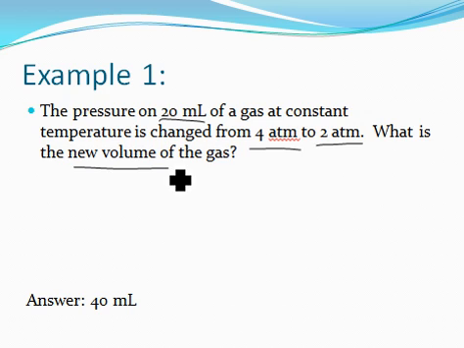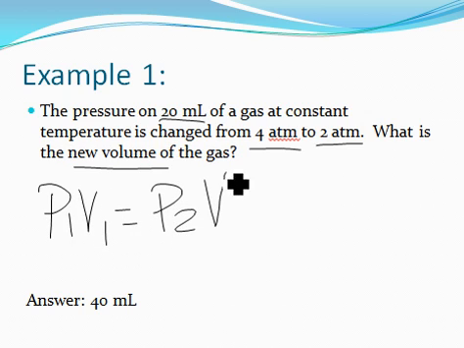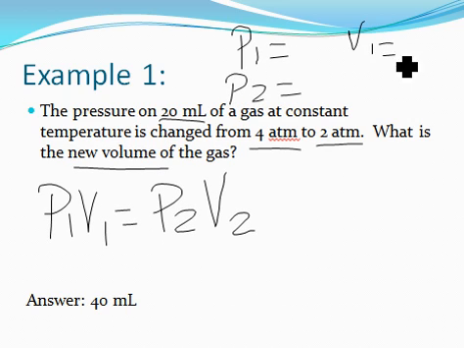So our setup here is going to be P1 V1 equals P2 V2. We know that the pressure is changed from 4 atmospheres to 2 atmospheres. So initially, before we get comfortable with these problems, it's a good idea to write out what our variables are. So we have P1, P2, V1, and V2.